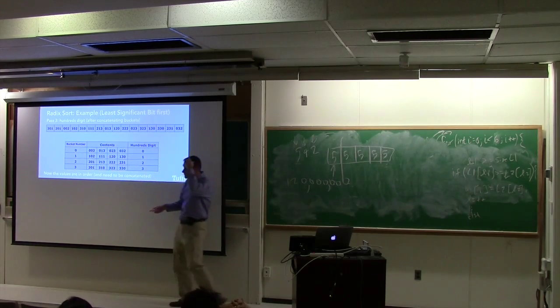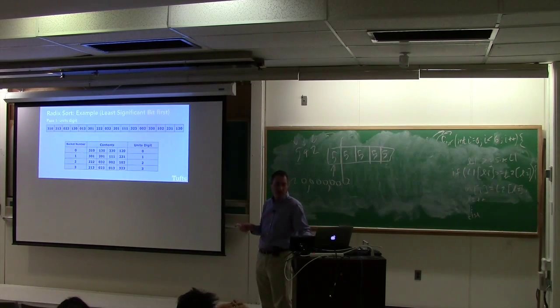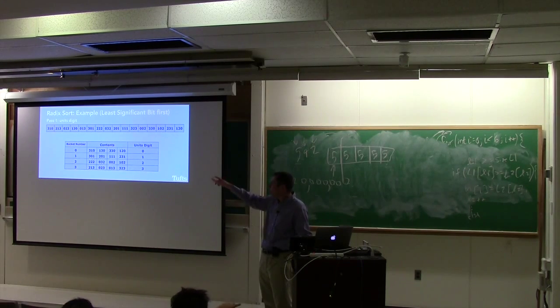Just really quick, go through that example again. So you start with unsorted. Then you do the least significant digit, the ones case. Put all the ones that are 0 in the ones digit in the 0 bucket, the ones in the 1 digit in the 1 bucket, the 2's in the ones digit in the 2 bucket, the 3's in the ones digit in the 3 bucket. Pull them all out in order from 0 to 3.